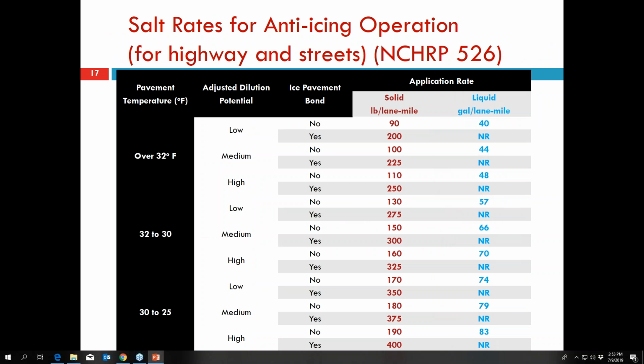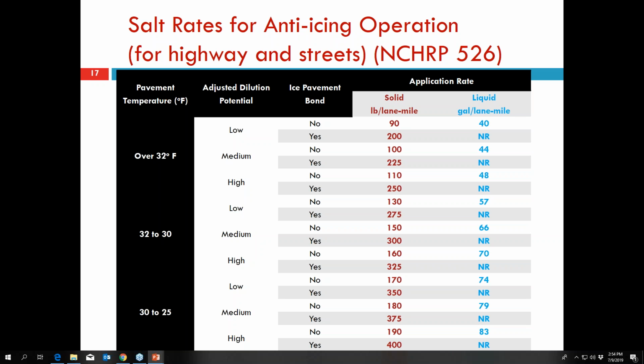For the highways, again, there is a huge amount of documents available. There is still no consistent or accepted standard across the board in the US or in Canada, but I feel like the NCHRP 526 document is one of the best documents so far. It shows a systematic way of choosing the application rate for a given road based on the road condition, ice pavement bonding, the temperature, and the type of road.